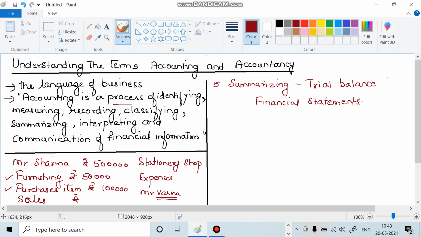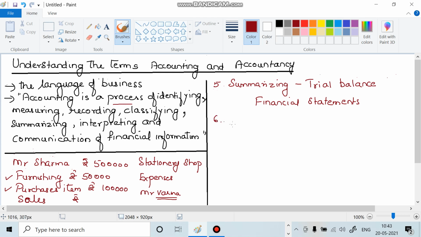Because Mr. Sharma would like to know, on the basis of the transactions he has carried out and the books of accounts maintained, the real outcome of carrying on the activity for that accounting period. So this is the fifth stage of accounting, where we summarize those transactions into an understandable format called financial statements.